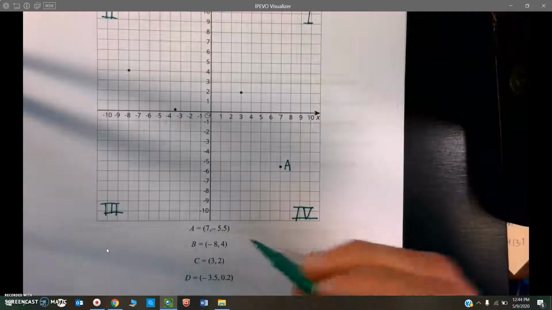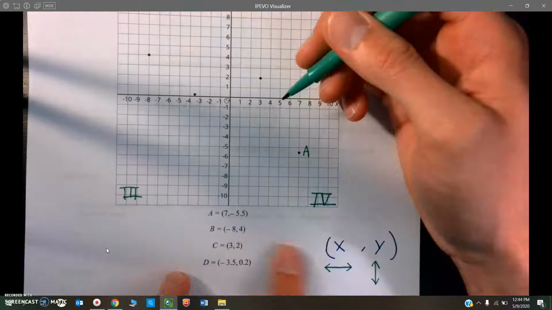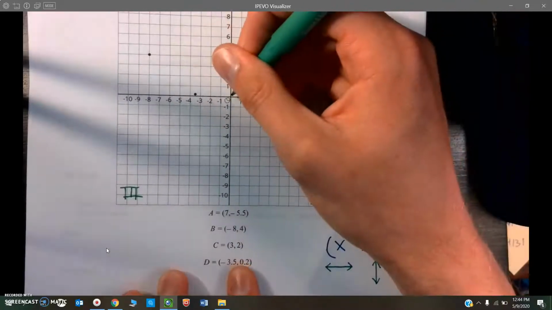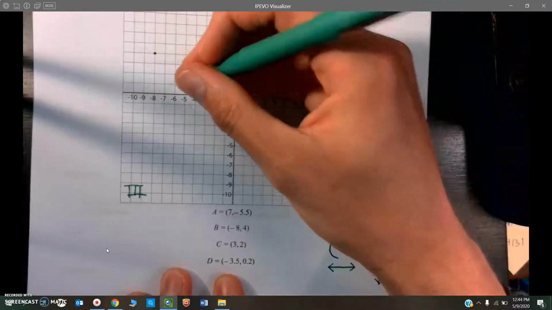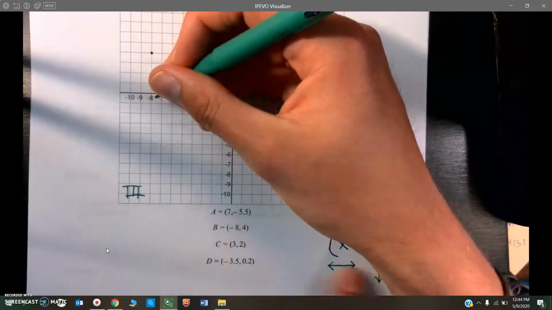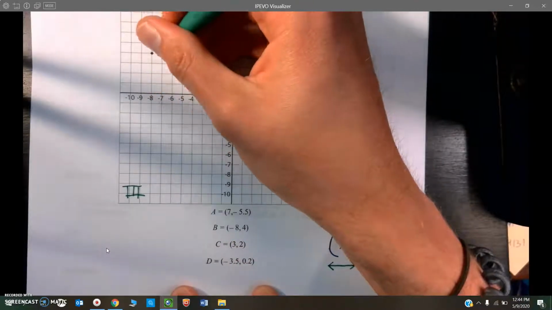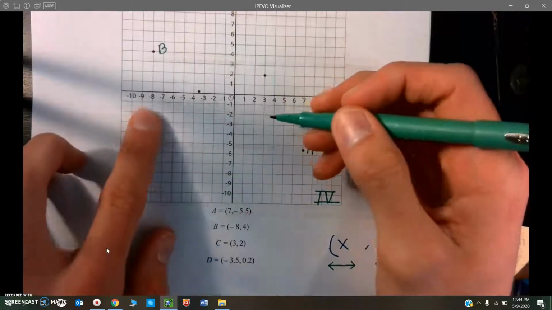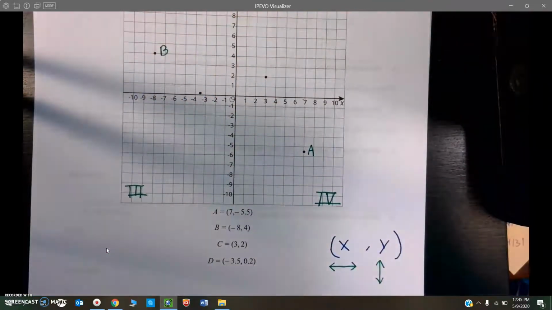All right, B, -8, 4, so my X coordinate is -8, which is to the left. Negatives are to the left or down, so 1, 2, 3, 4, 5, 6, 7, 8. And then +4, so my Y is positive, so that's up 1, 2, 3, 4. So there's B.